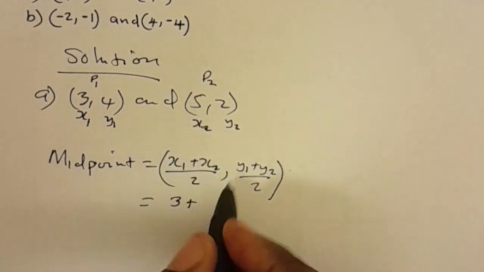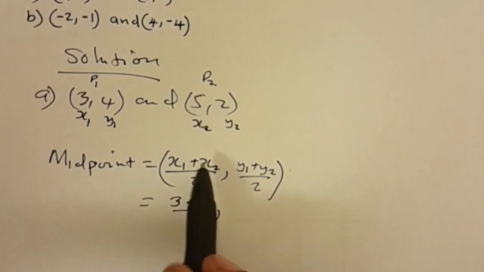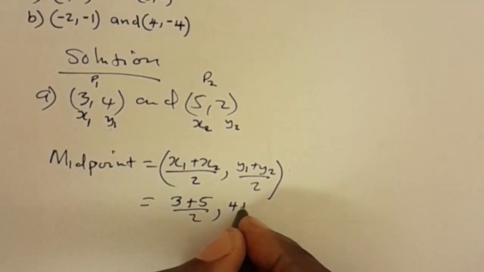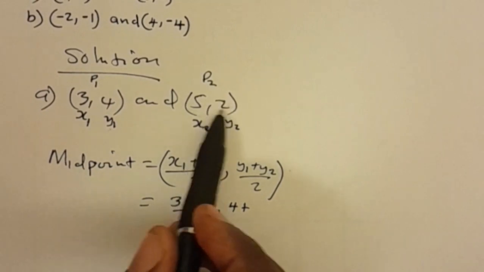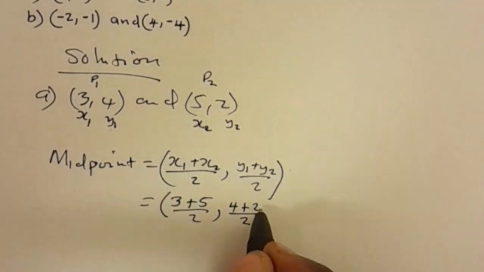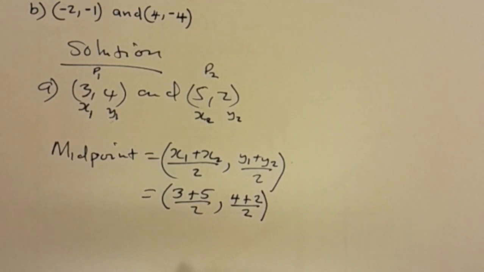is this one, 5, so we're going to put 5 over 2, comma, y1 is 4 plus y2, the y coordinate there is 2, and everything over 2. Then in brackets, don't forget to put the brackets because these are coordinates.